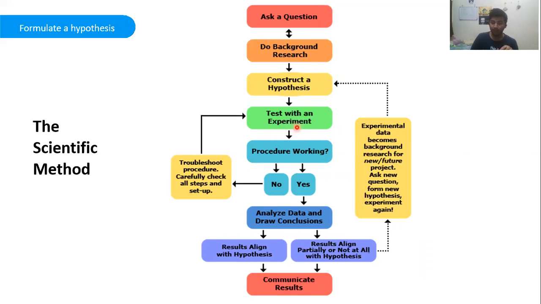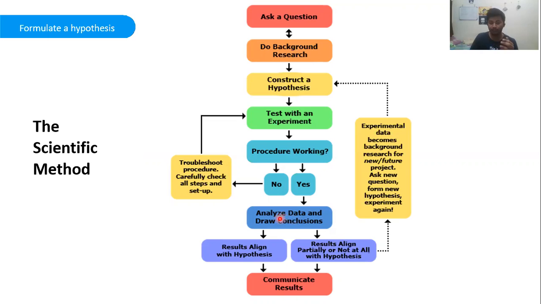Now that experiment could be working, and if there is some fault in the experiment that you have designed to test your hypothesis, you troubleshoot it, you correct the experiment, and when the experiment is actually working, you get some data with it. जब hypothesis आप बना लोगे and when you test it, तो कोई ना कोई इसका एक result आएगा ना, you get some sort of data.